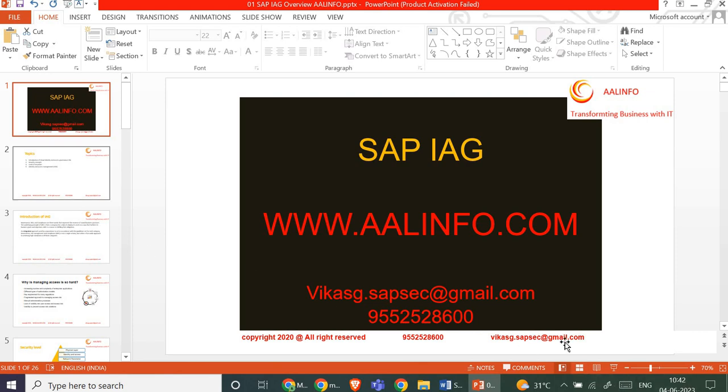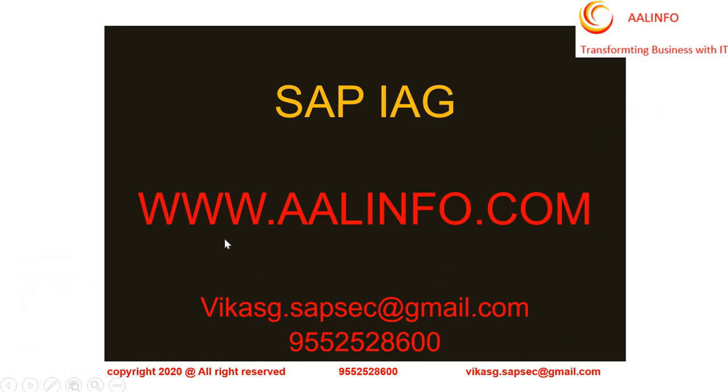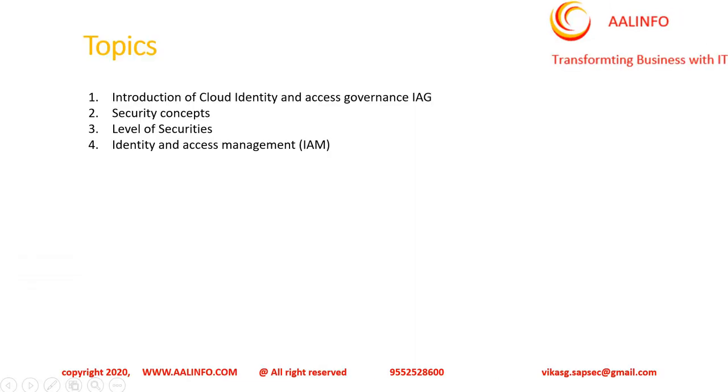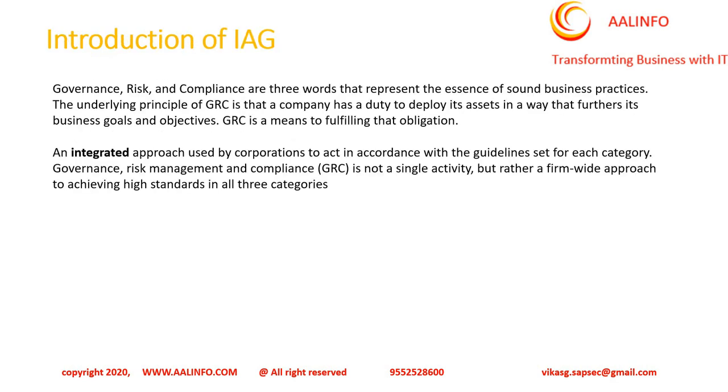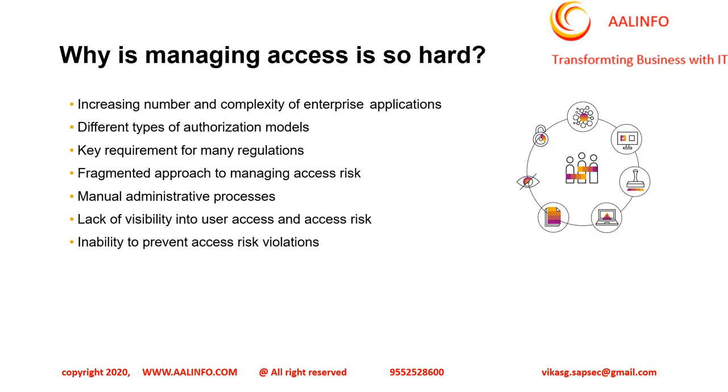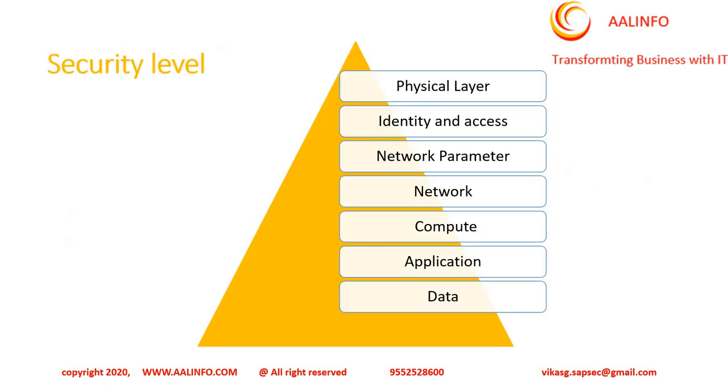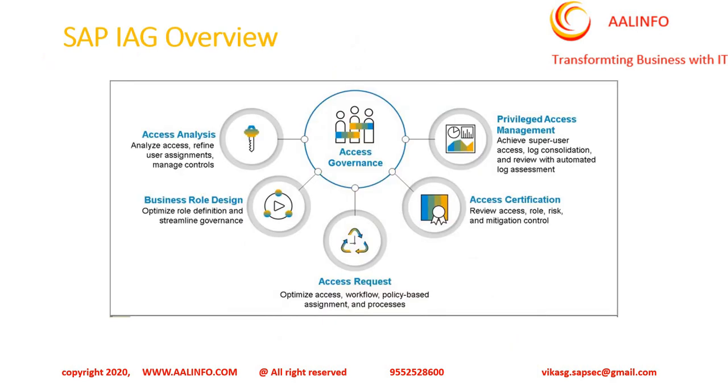Okay, so those are the pointers. Anyhow, let's see that. What I just walked you through is the type of slides we have and what we are discussing. Basically the IAG introduction and the key message, if we are using GRC and security levels. In the IAG overview we will learn what the modules are.